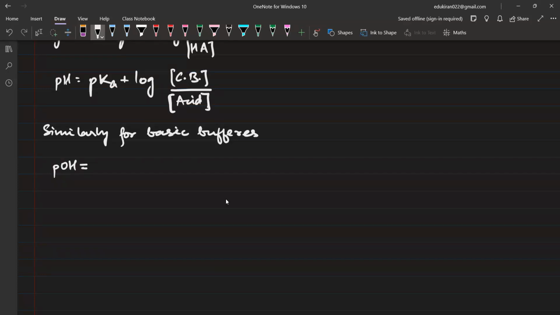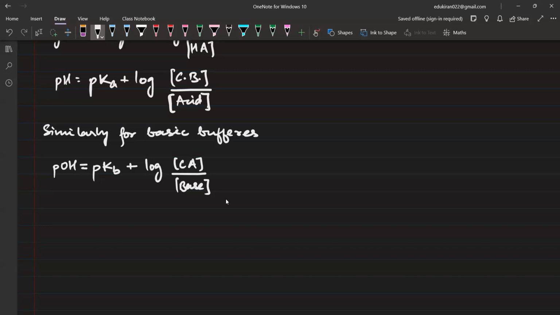When we deal with base, we will be talking about pKb plus the log of, instead of the conjugate base, we will be having the conjugate acid divided by the concentration of weak base. ऊपर यहाँ पे क्या जाएगा, conjugate acid आ जाएगा.